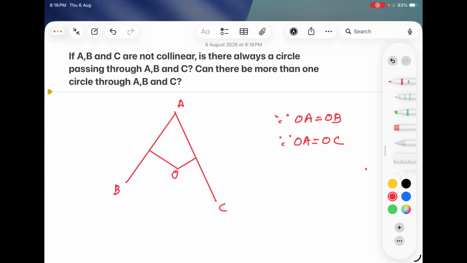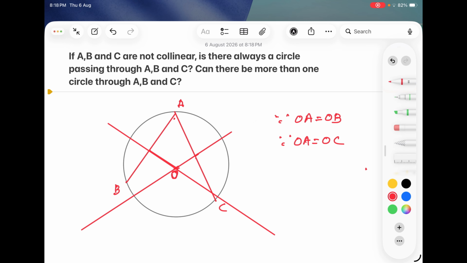Now extend these perpendicular bisectors. You can see the two perpendicular bisectors of AB and AC intersect at the point O. Now using O as a center and OA as a radius, you can draw a circle. This circle passes through all 3 points A, B and C.